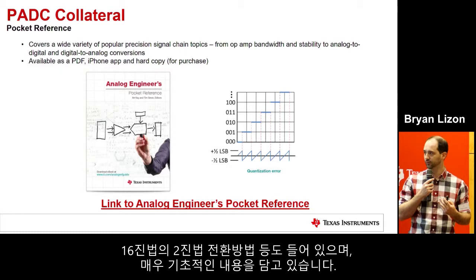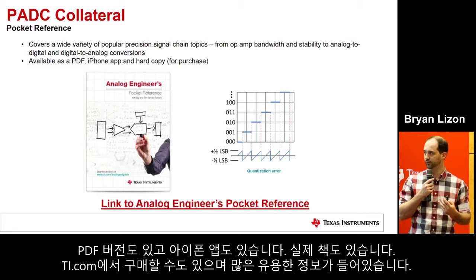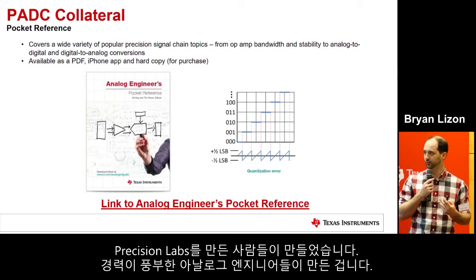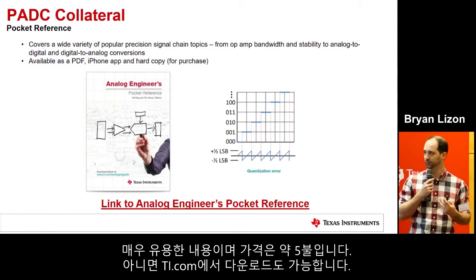It's available as a PDF, as an iPhone app, and there's a hard copy, an actual book. You can purchase this from ti.com, and it's a lot of very useful information. The same people that created Precision Labs created this, very experienced analog engineers. So again, it's really high value information. It costs about $5, or you can download it for free at ti.com.